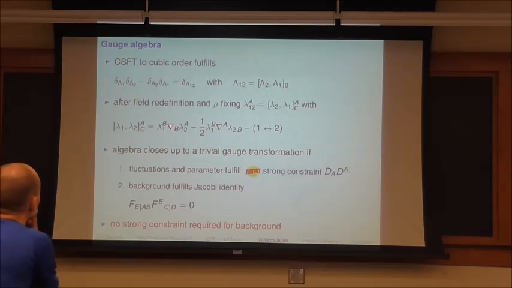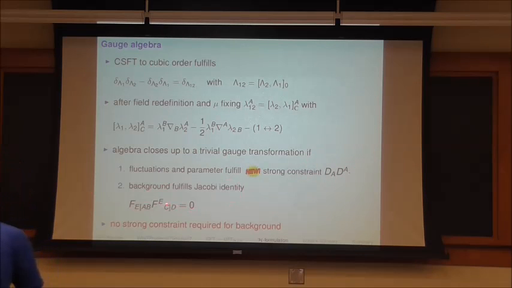Now we can check whether this closes or not. And we find that it really closes when we apply the strong constraint for the fluctuations, but for the background we only have to apply the Jacobi identity, because we are on a group manifold. Of course, the background structure coefficients have to fulfill the Jacobi identity. And this only works uniquely for exactly this connection. When I would choose another connection, nothing would close anymore.